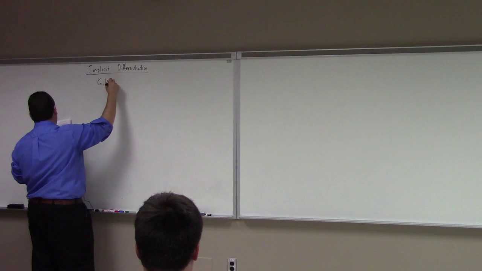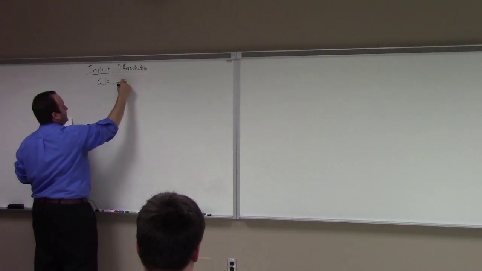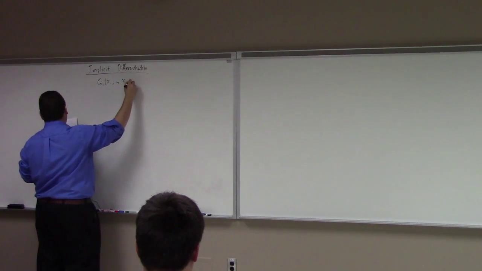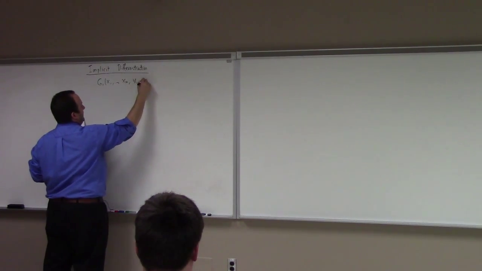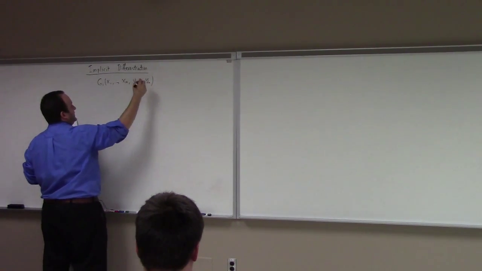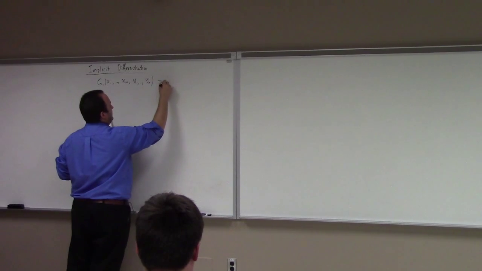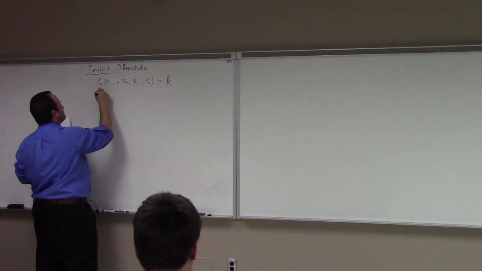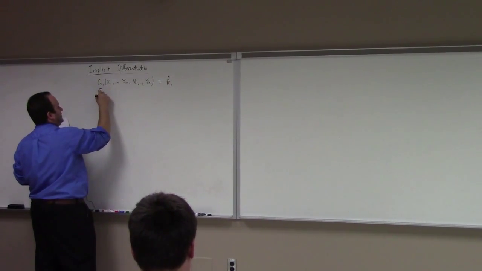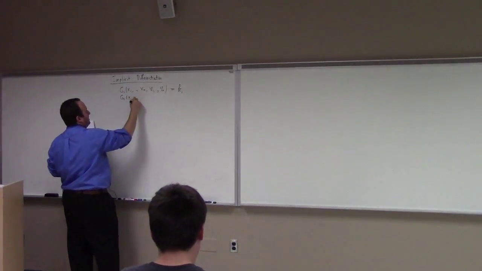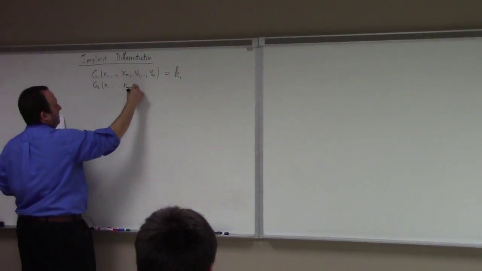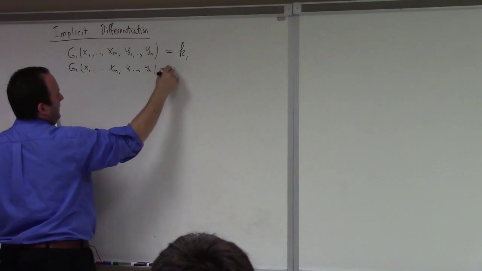You have some system of equations, let's say x1 through xm, y1 through yn. So some function g1, some constraint, that's equal to k1. And likewise for g2, and so forth.